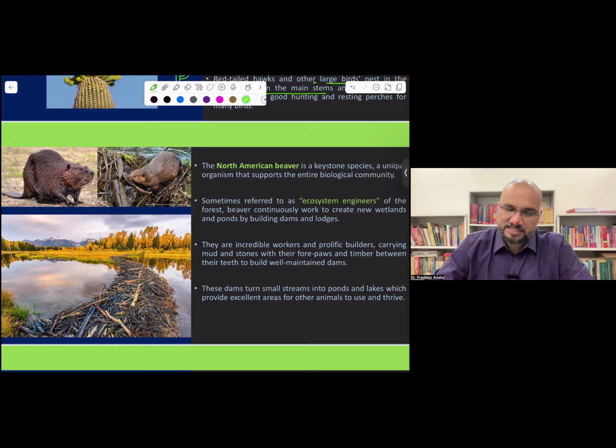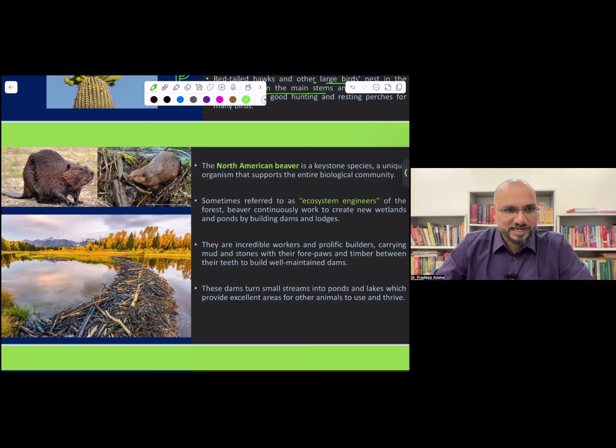They have built these dams, and the entire wetland system was rejuvenated. So the government was planning and postponing, and by that time, beavers had already reclaimed this wetland ecosystem.